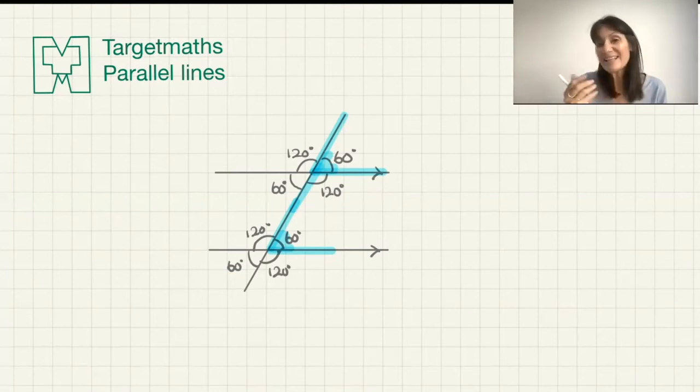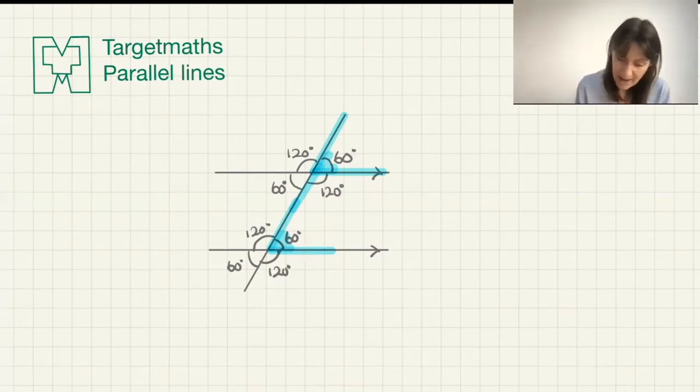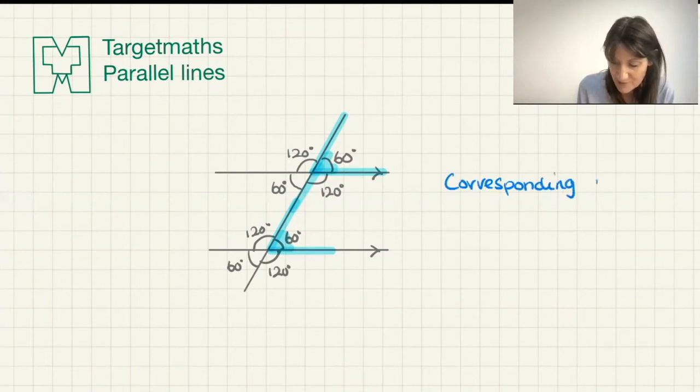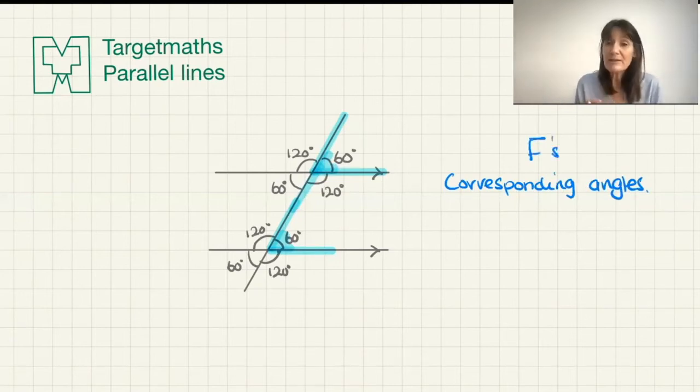So when I can link an angle from the top to the bottom, or from the bottom to the top in this way using an F, I have found corresponding angles. So F's help me reason with corresponding angles, and they are equal.